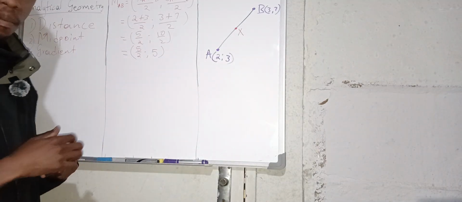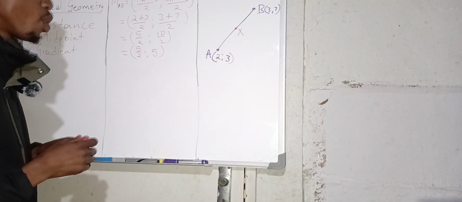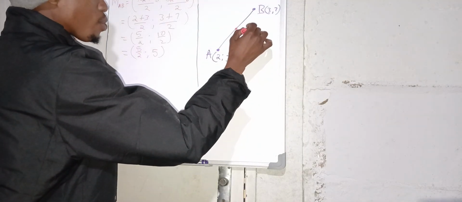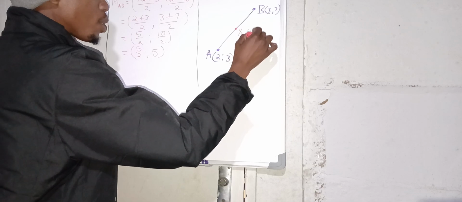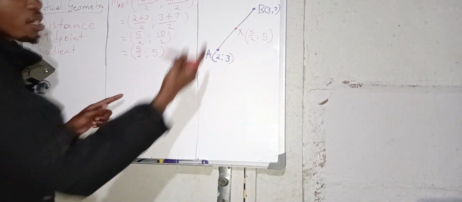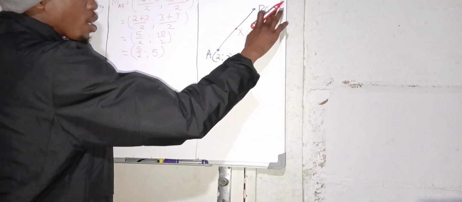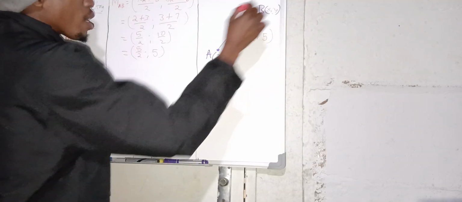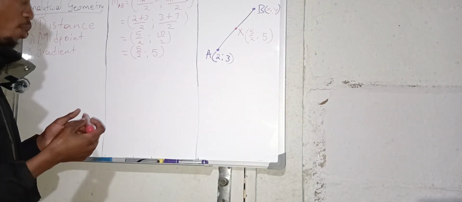Now, a question might arise where you are given these coordinates, 5 over 2 is to 5, as the midpoint, and you are asked to find the coordinates of B, let's call them X and Y. How are you going to do that?